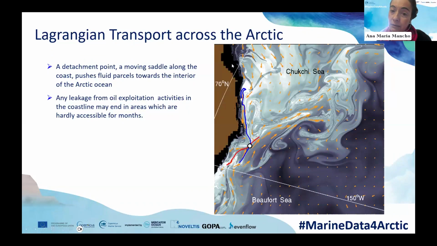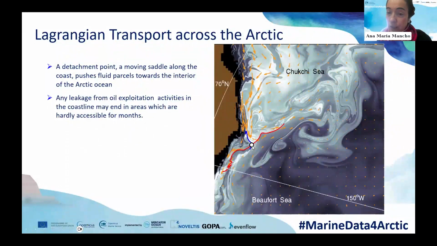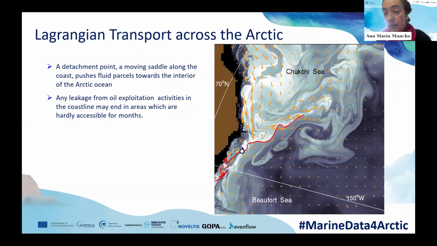And what we see is that very close to this coast, you find the presence of this stable manifold aligned with the coast, so whatever leakage is produced near the coast would be transported towards this hyperbolic trajectory in the interior of the ocean, and then all the material would end up ejected towards the interior of the Arctic Ocean.